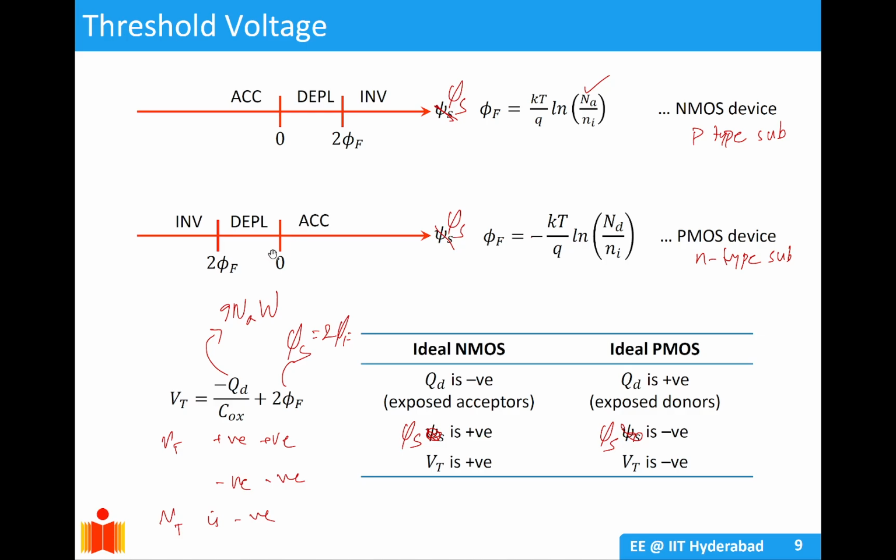When surface potential is positive, you have accumulation. From 0 to minus 2 phi f, it is depletion, and further than that, it's inversion. So here the phi f itself is negative, given as minus kT by q ln Nd by ni.